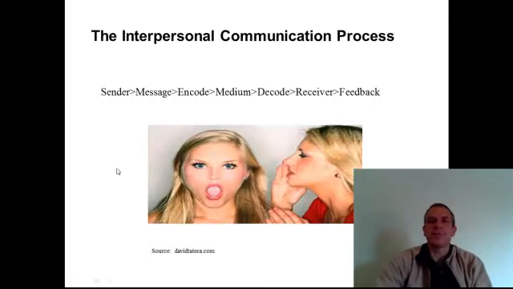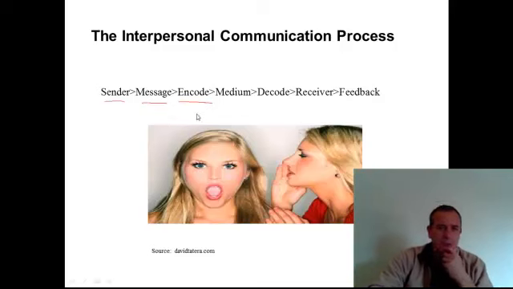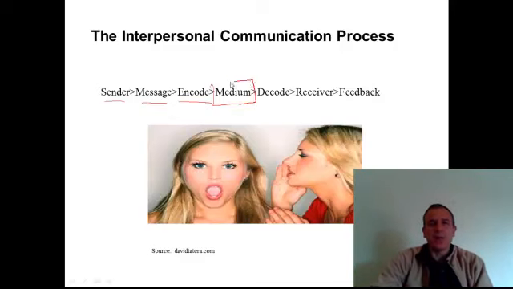So the basic communication process here starts with the sender who has a message they want to transmit. They encode that message into some sort of symbols, form, and they send it through a medium. What are the mediums people can use? Well, telephone, for example, is a medium where you transmit the message.